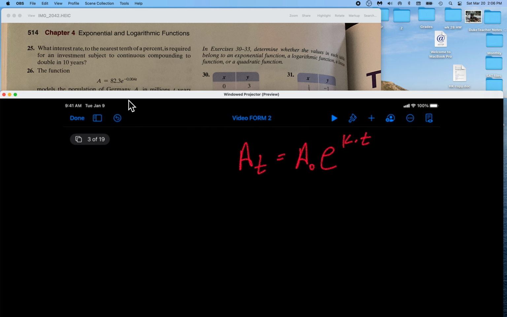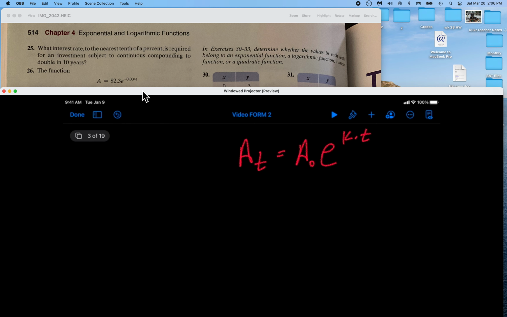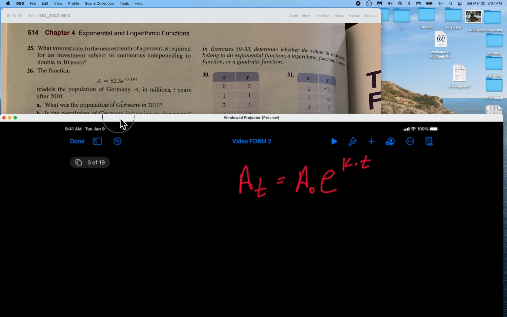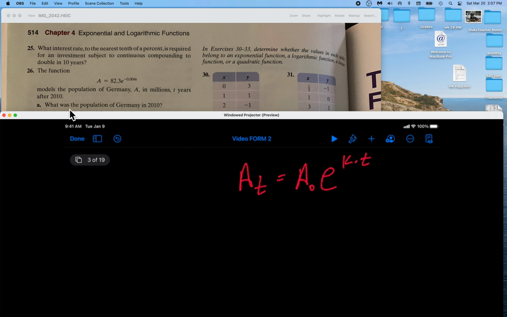Here, in number 26, they give us the function right up front. And whenever they give you the problem right up front, they tend to be easier than when they ask you to find it. A problem like this usually just involves plugging in numbers. So let's do that. What was the population in Germany in 2010? Here the setup says that t is years after 2010. So in 2010, t would equal 0. I should write this function down.